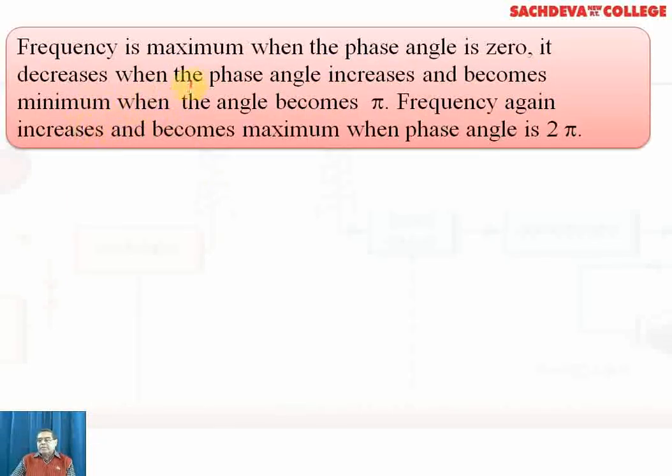Frequency is maximum when the phase angle is 0. It decreases when the phase angle increases and becomes minimum when the phase angle is π, that is 180 degrees. Frequency again increases and becomes maximum when the phase angle is 2π, that is 360 degrees, because for 360 degrees the wave has more energy.